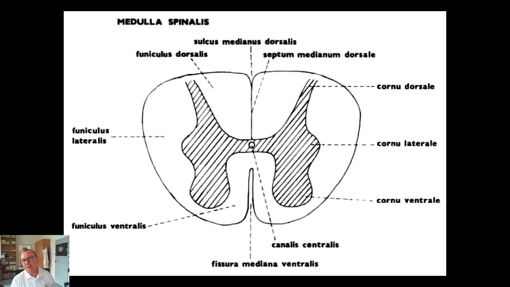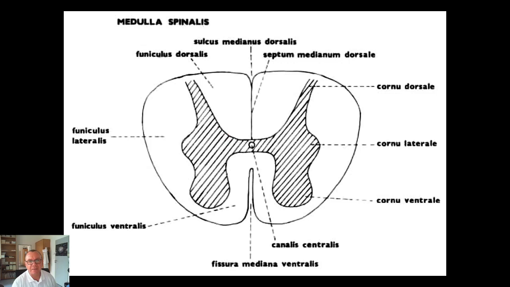If you look at a section of a spinal cord, or at a microscopic slide specimen of the spinal cord, you will quickly recognize its gray and white matter. Gray matter has a very specific shape in the section.